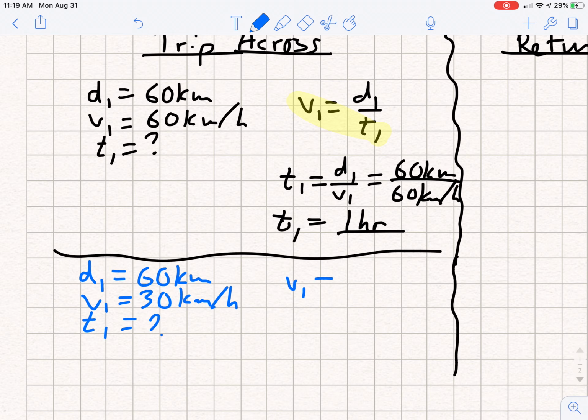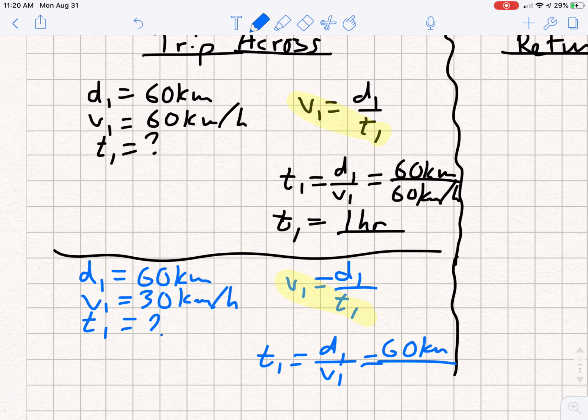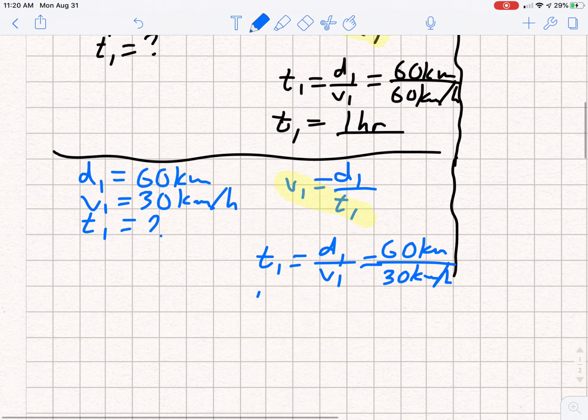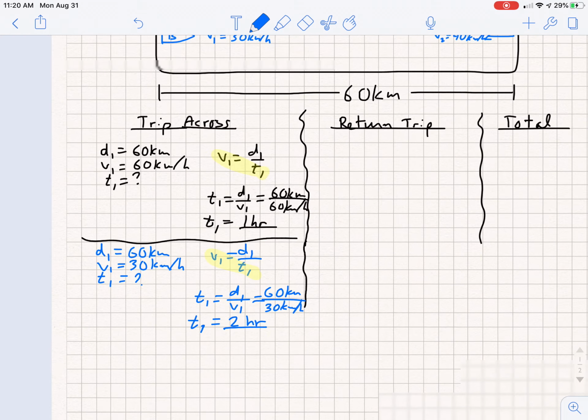We're going to use the exact same equation, and again use the switcheroo to solve for time. It's 60 kilometers over 30 kilometers per hour. It takes boat B 2 hours to get across.